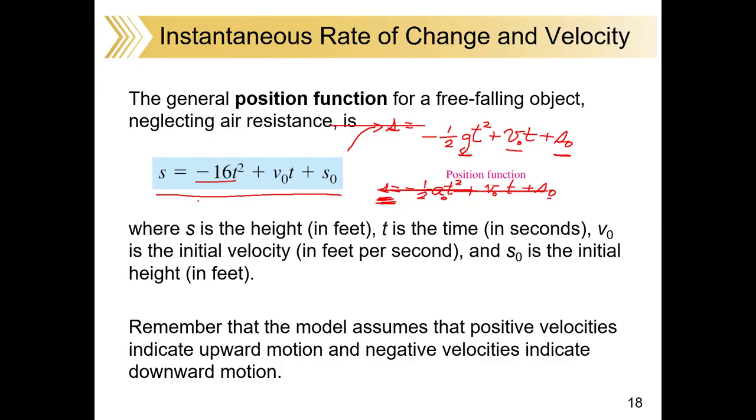But getting back to the point, here's our formula for what the position is of an object at any particular time t. We're going to assume positive velocities are up. Here we go, positive for up, and negative represent down.